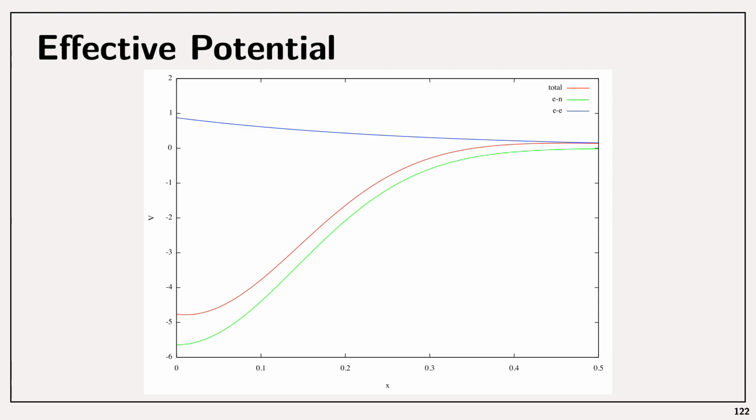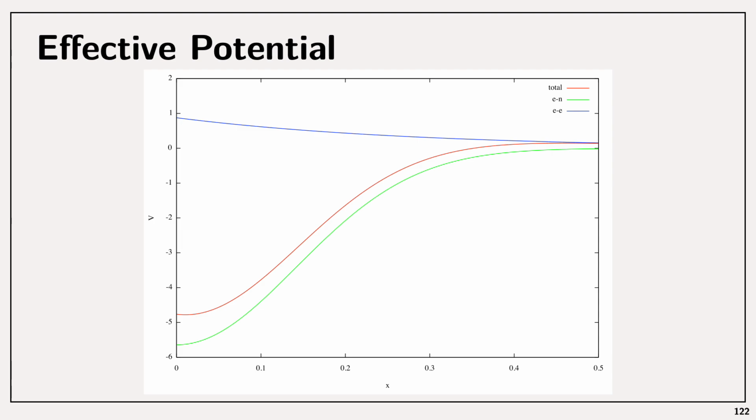It's in green, which is always negative because the electrons are always attracted to the ions, which are positive because it's a collection of protons and neutrons, but neutrons do not play a role in this case. And of course, we add to the effective potential this electron-electron interaction in blue, which is itself always positive because it's a repulsion.